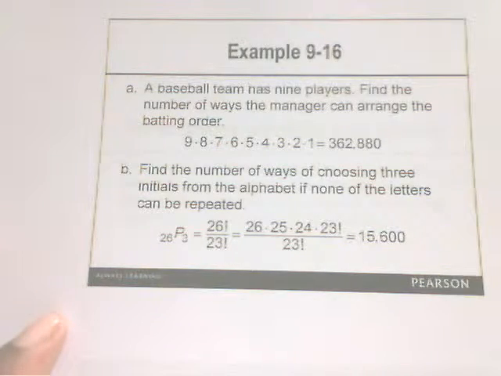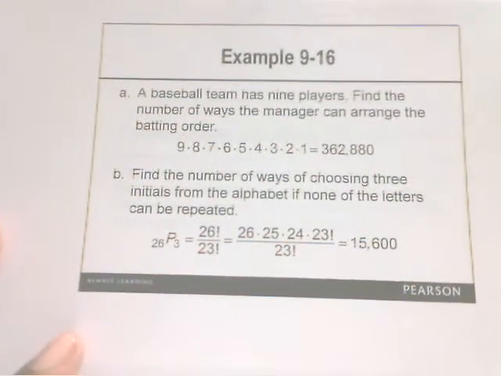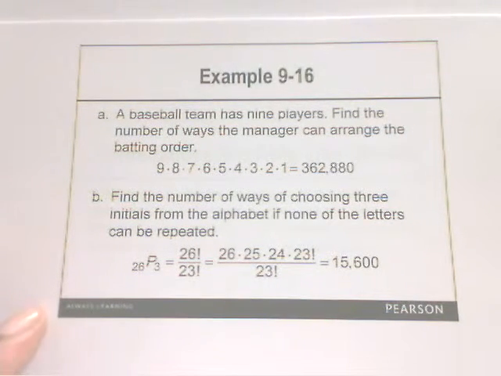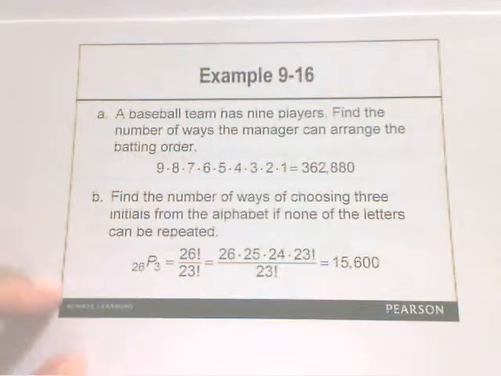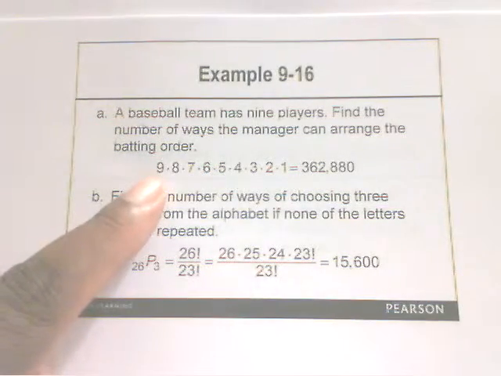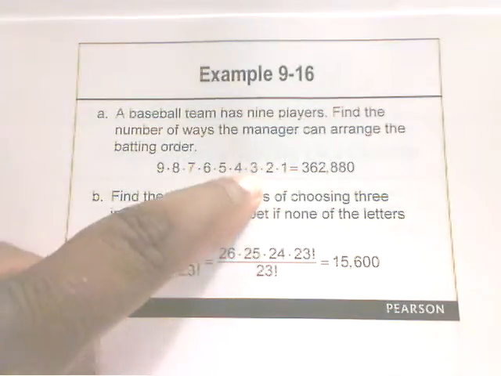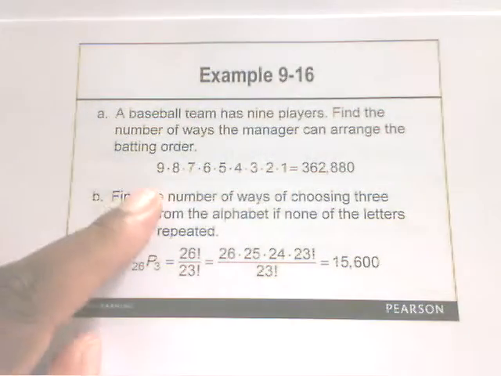Okay, if we want to look at a couple of examples using permutations and the fundamental counting principle, it would be this. In part A, a baseball team has 9 players. Find the number of ways the manager can arrange the batting order. Here we start off with 9, and then we use the product of descending integers.